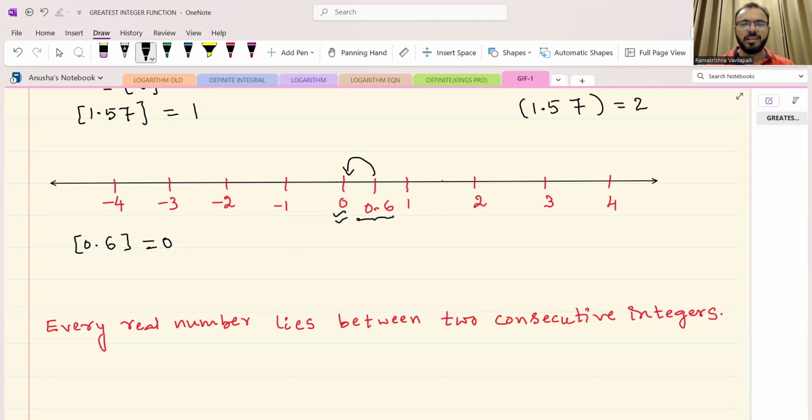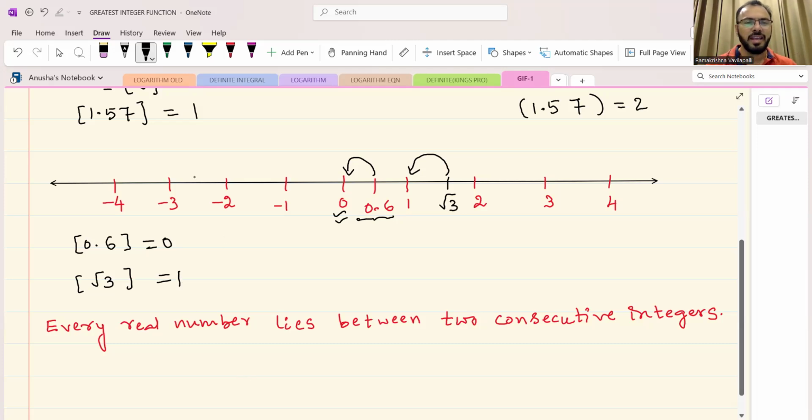Like that, if you give some number, let us say root 3, what is the integral part of root 3? You have to round down to the nearest integer. So the integral part of root 3 is equal to 1.